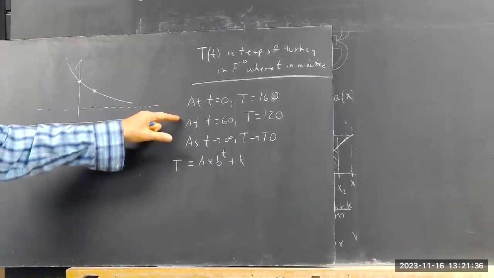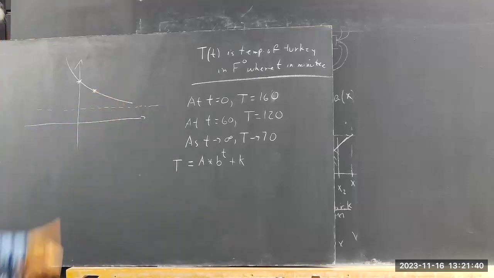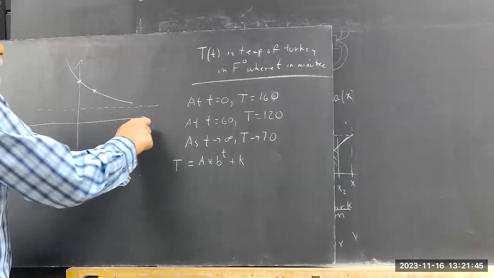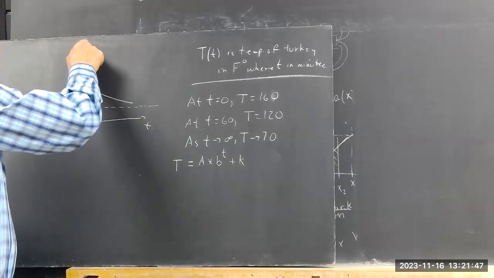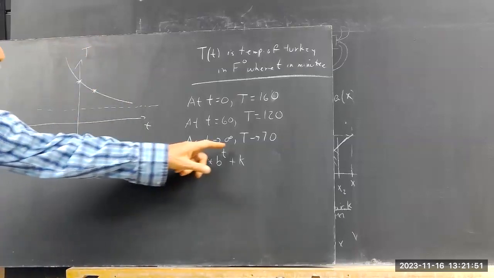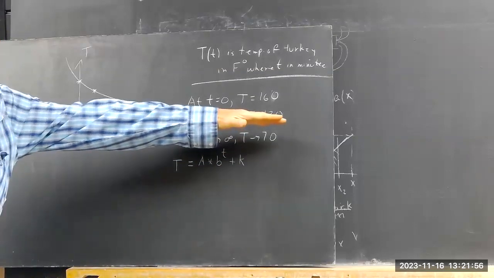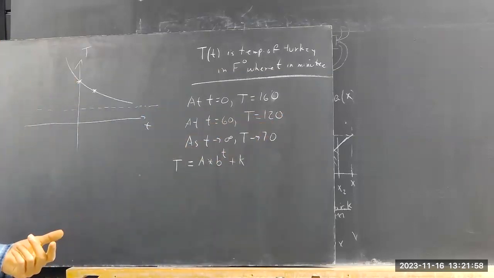So we have all this information here. How do we put this information into the picture? Well, T's here, right? Big T's here, little t's here. As little t goes to infinity, that means as we keep going that way, what's going to happen to this curve?